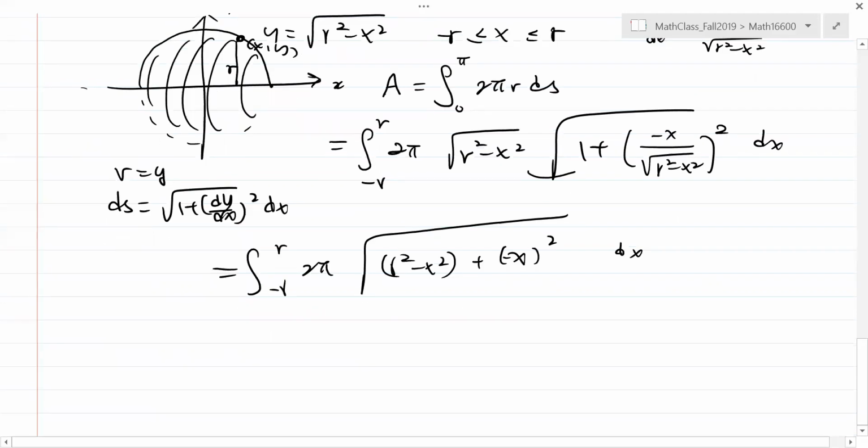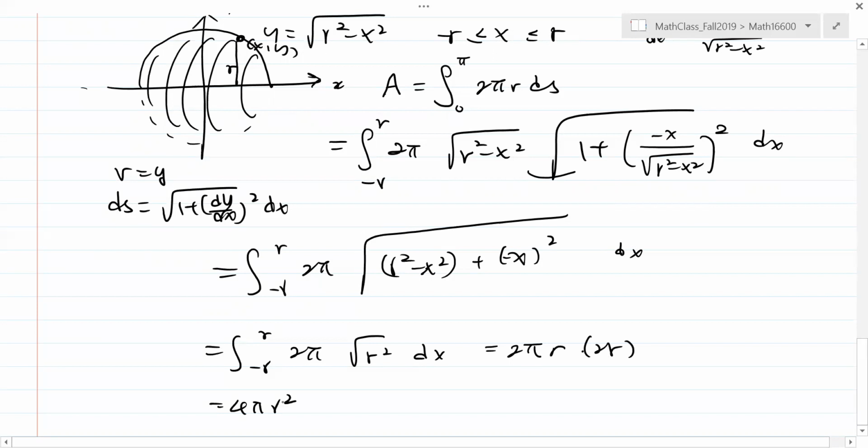All right, x squared canceled out. Surprise to me, it's just equal to the square root of r squared, and this is a constant. So it's going to be 2 pi r, and then multiply by 2r. So what you get is 4 pi r squared. That is the surface area of the sphere.